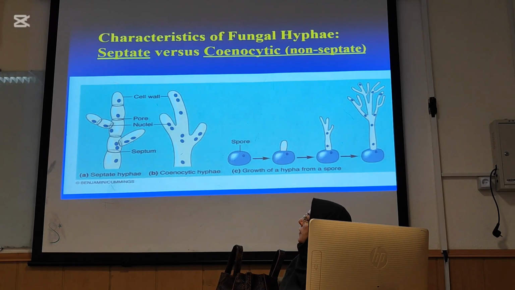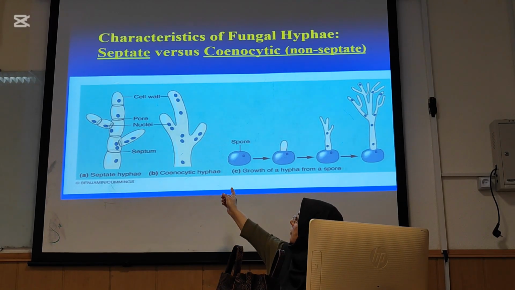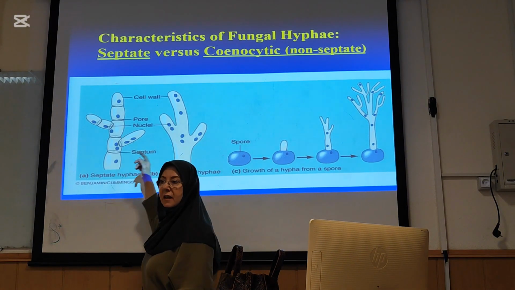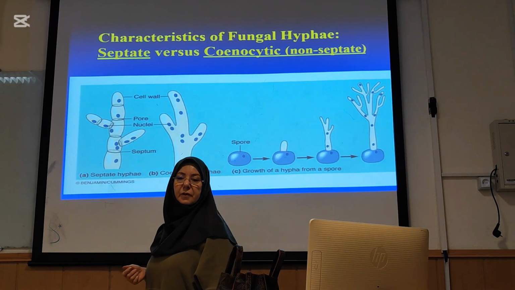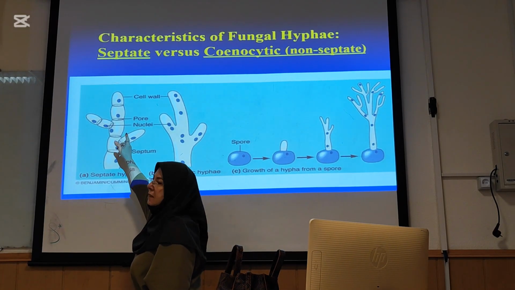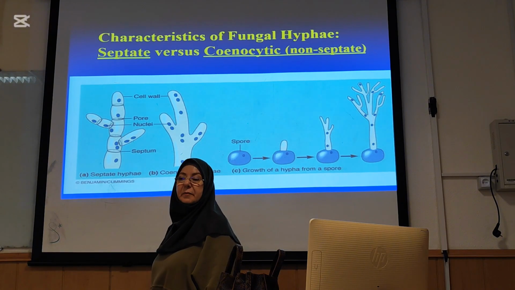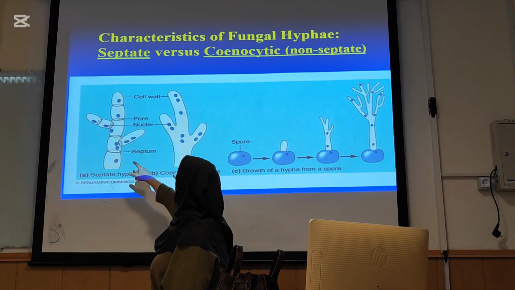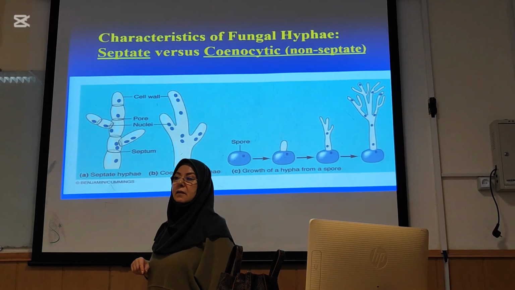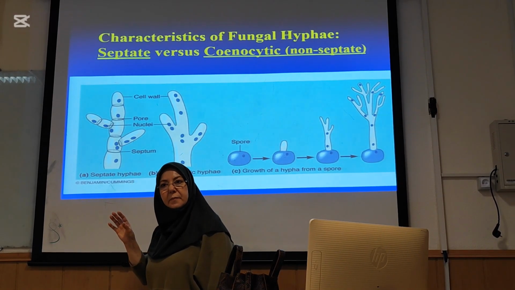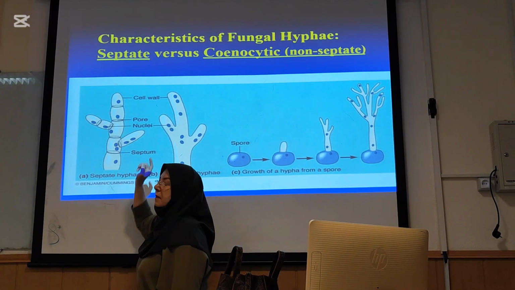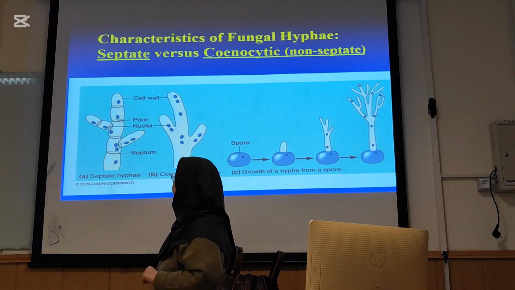Okay, this figure shows you, on this side, septated hyphae and aseptated or coenocytic hyphae. In septated hyphae, you can see some septum, which we named septa. As you see, each cell contains some cytoplasm and one nucleus, and you can see septa across the hyphae.